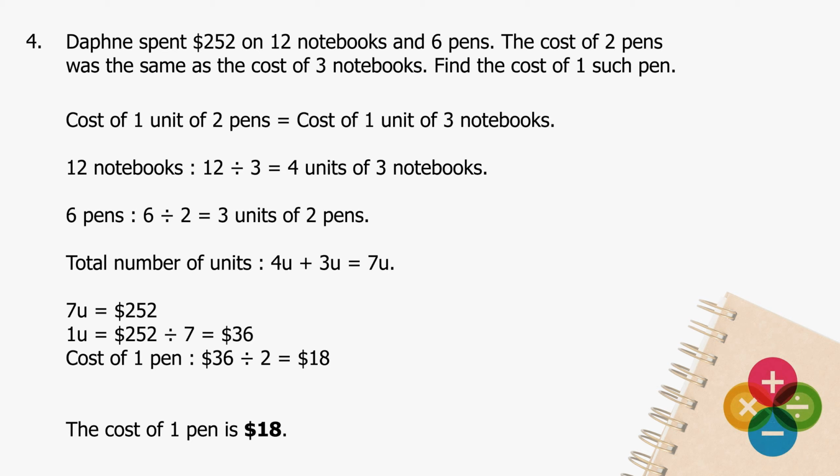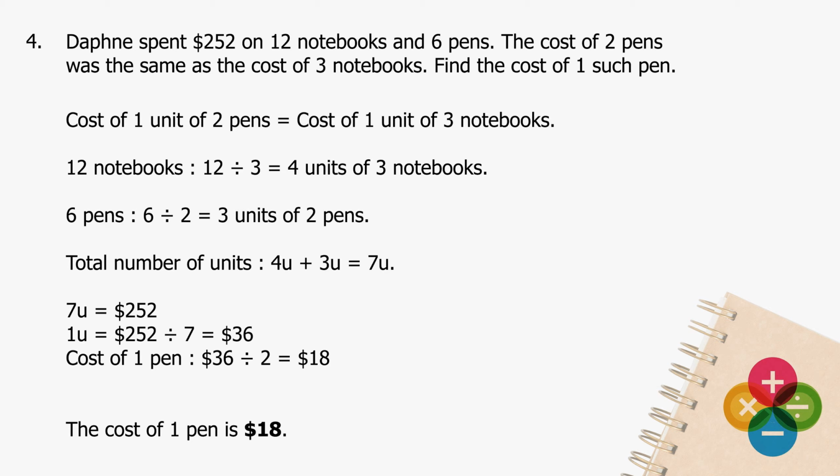The cost of 2 pens is equal to the cost of 3 notebooks, which is 1 unit. The number of units for 12 notebooks will be, divide 12 by 3, and the quotient is 4 units. The number of units for 6 pens will be, divide 6 by 2, and the quotient is 3 units.